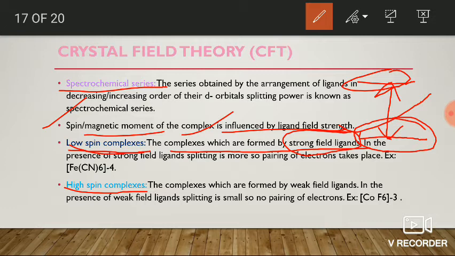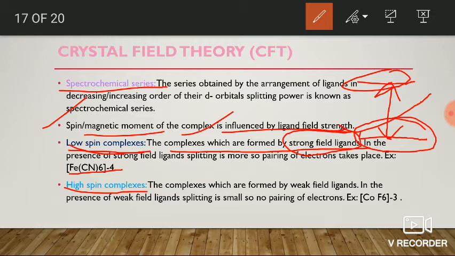So these complexes are considered low spin complexes, due to the pairing of electrons in the presence of strong field ligands. For example, hexacyanoferrate or hexaamminecobalt ion, where the ligands are strong field.